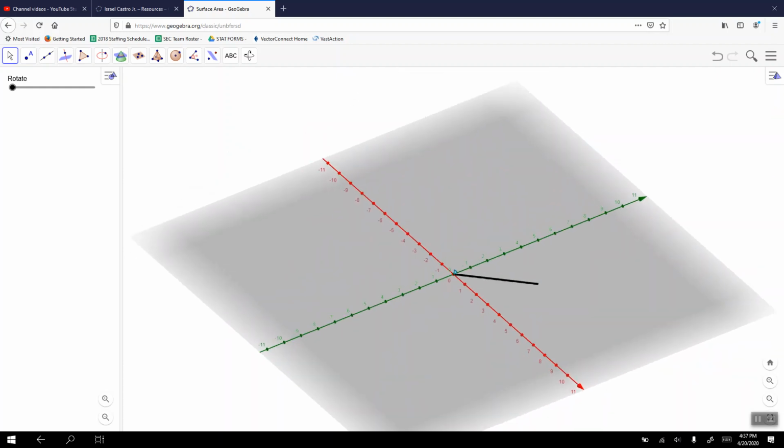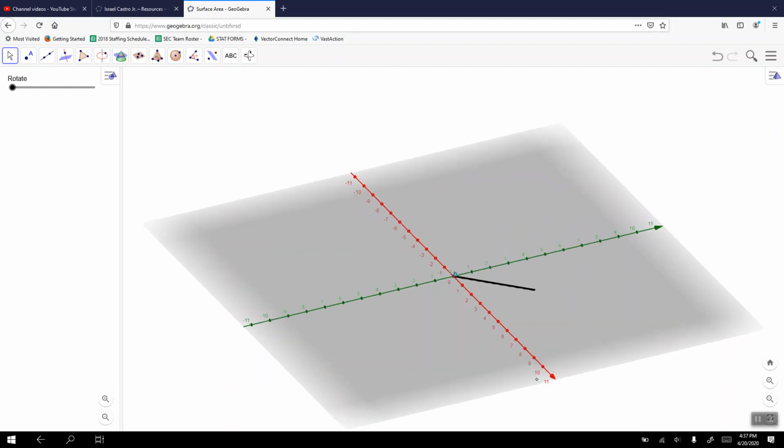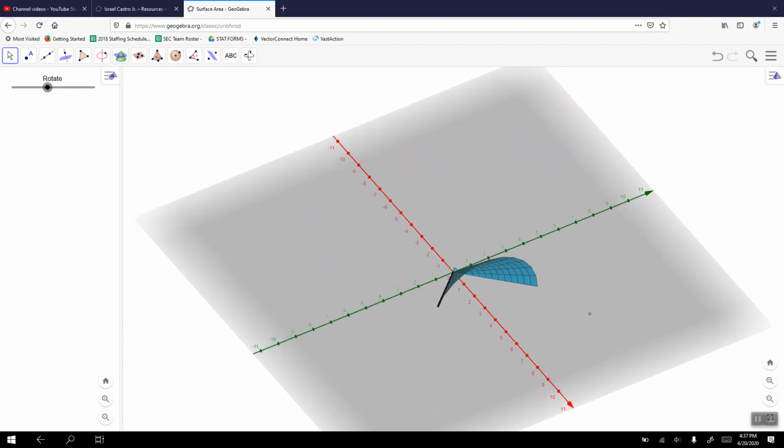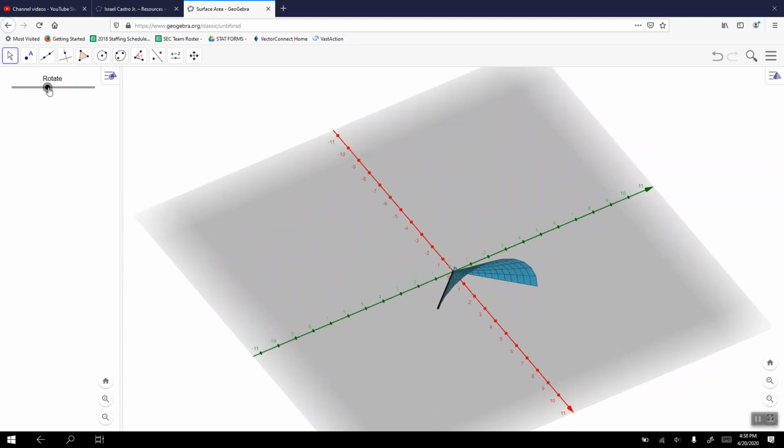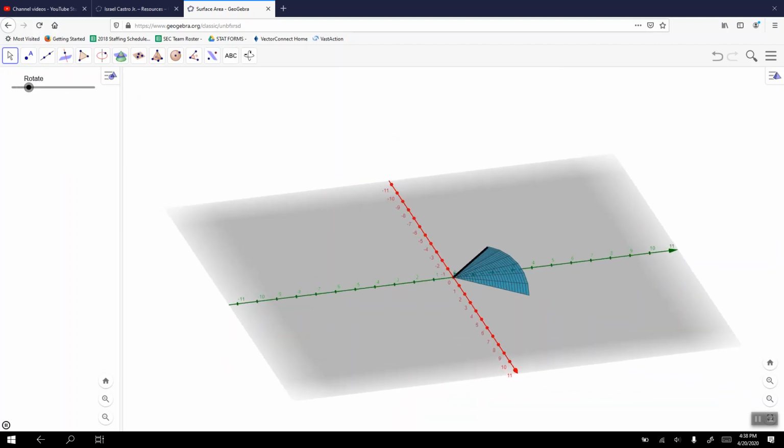And what I want to do now is rotate this about the x-axis. When I rotate this, it's only going to rotate about this red axis. Notice that when I start this rotation, it's creating this surface that I'm observing. I can keep on rotating just like that, and we're going to see this particular curve carving out this surface.